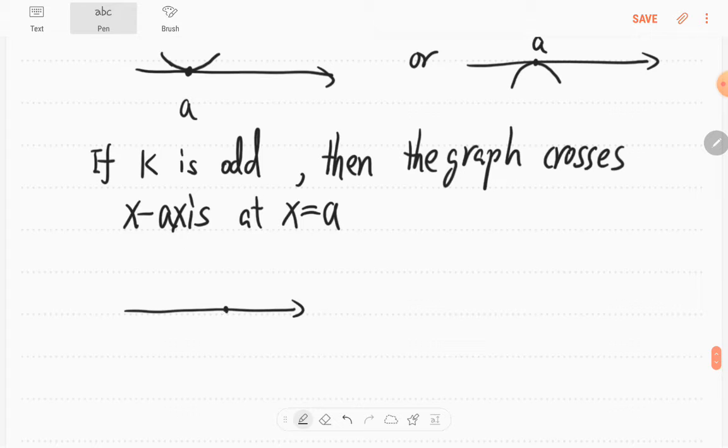If this is a, it will cross this x-axis at this point.